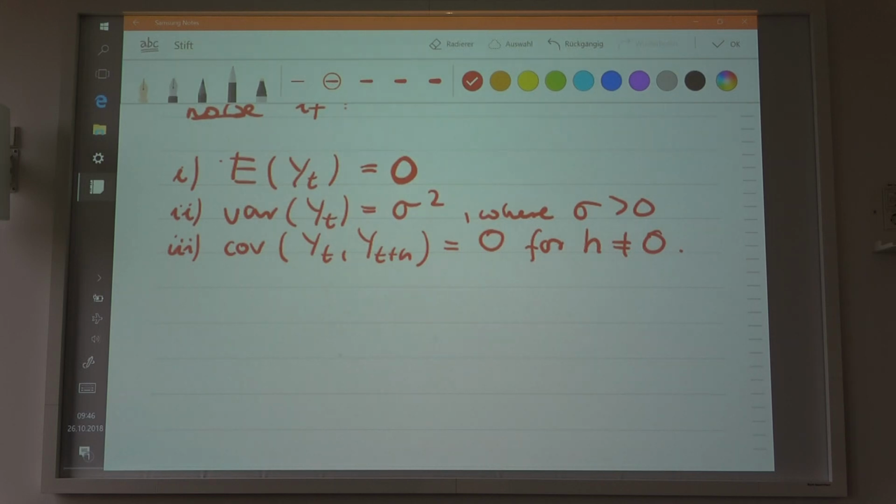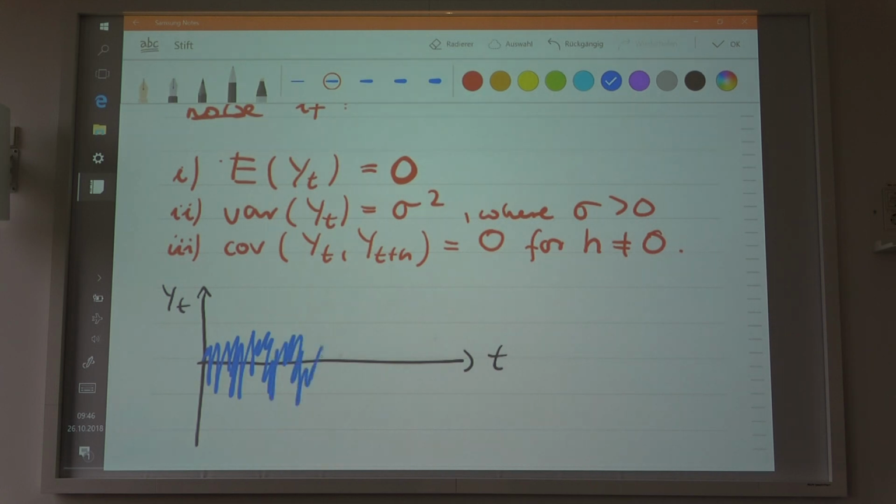Of course, how does it look like? It's relatively obvious. Here you have the time, and here you have the process, and this is something like this. This is a white noise, obviously.